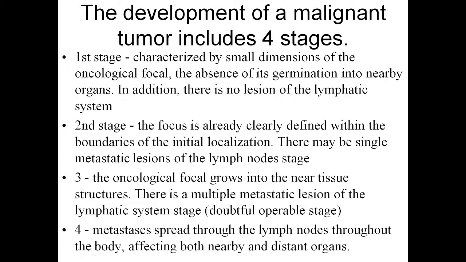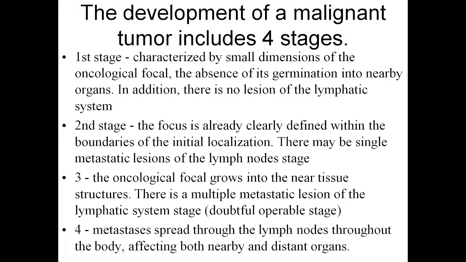Student, the development of the malignant tumor includes four stages. Now I have described the TNM classification, and now I explain why this classification helps us to make this diagnosis.